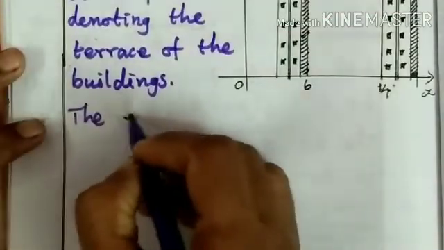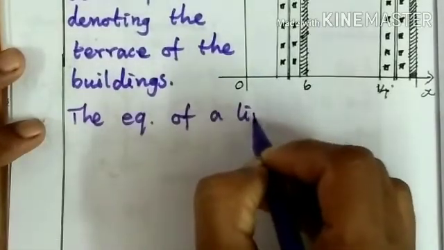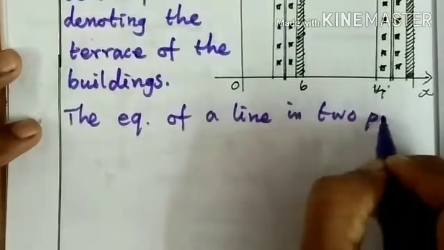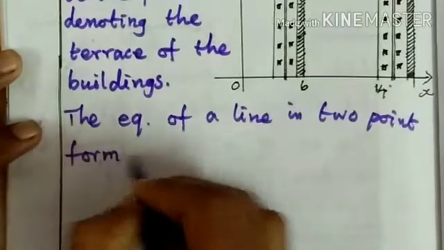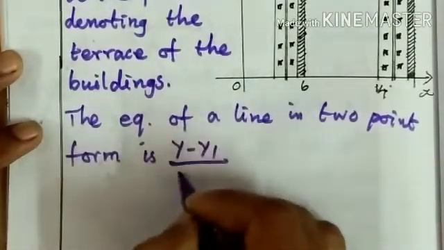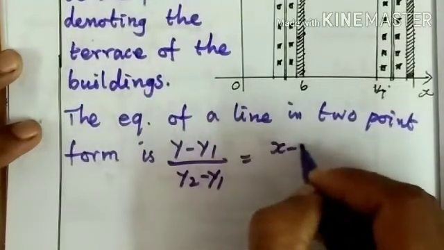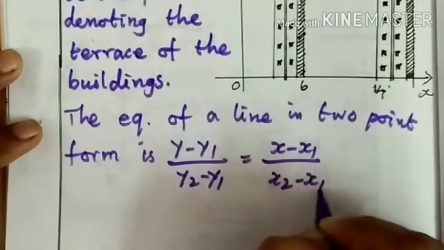The equation of a line in 2-point form is y minus y1 by y2 minus y1 is equal to x minus x1 by x2 minus x1.